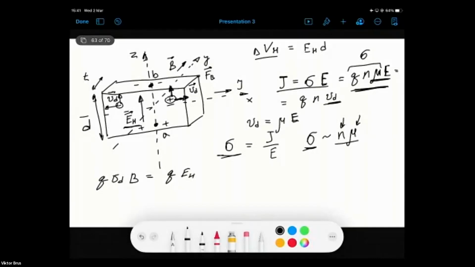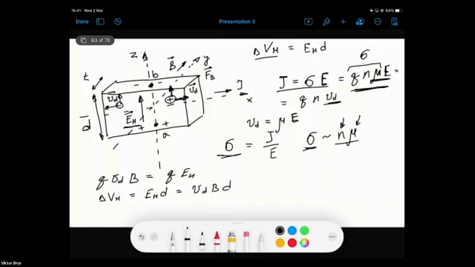So potential difference between these points A and B, which is Hall voltage, delta VH, is equal, as we mentioned earlier, EH times T. And based from previous equation, we can write that it will be equal to VD times B times D. So now let us express VD, drift speed.